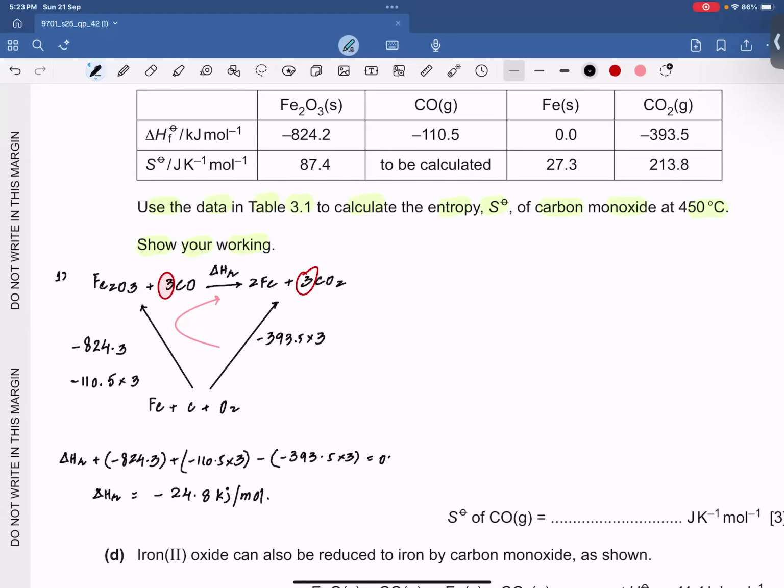Now in the second step, I'm going to use this relationship, delta G equals delta HR minus T delta S system.